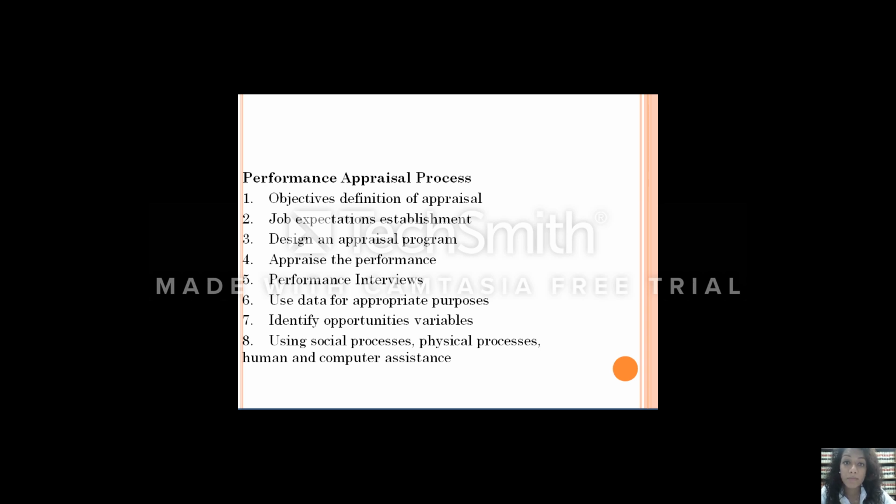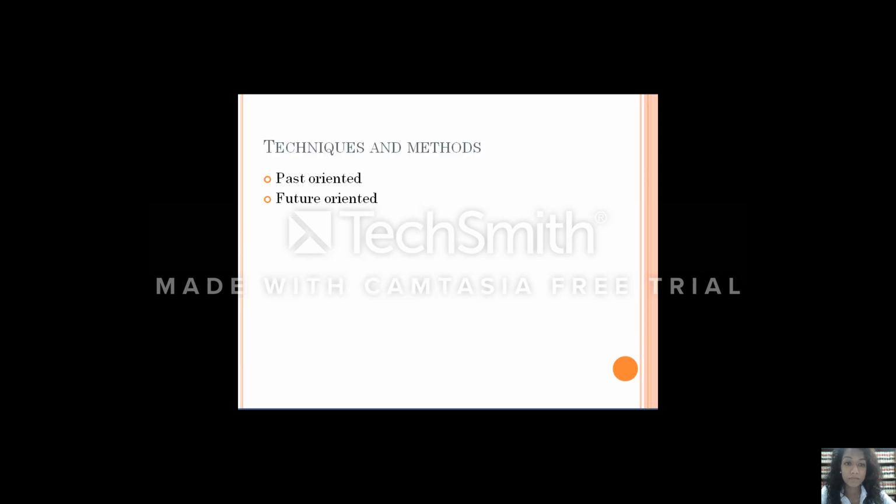The fourth one is appraising the performance. The fifth is the performance interviews. The sixth process is using this data for appropriate purposes. The seventh step is to identify the opportunity variables, and the eighth step is using social processes, physical processes, and human computer assistance for getting the final result.